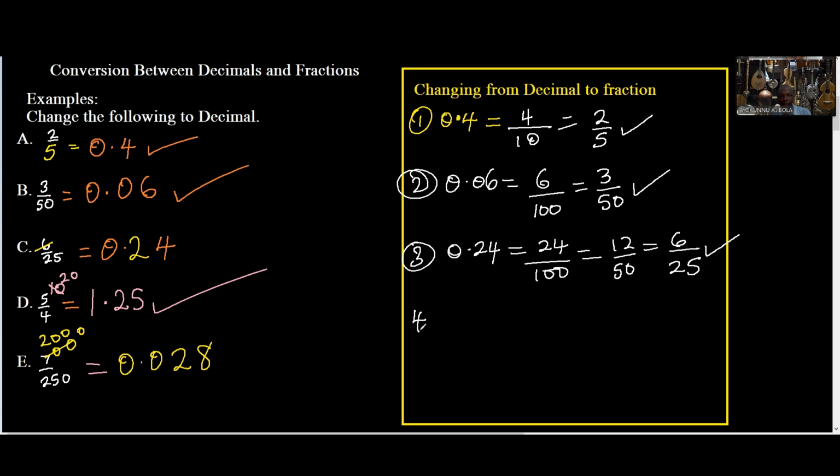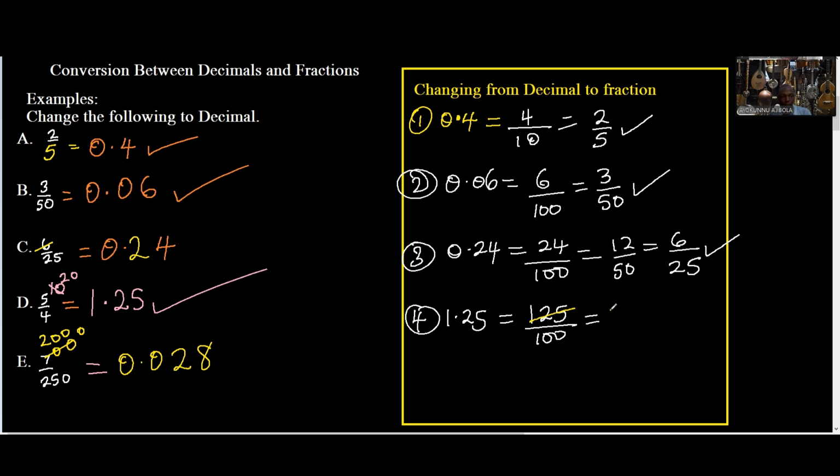Yes. Then number 4, we have 1.25. We will not introduce a point again. That will be 125, still divided by 100 because it's just two digits after the decimal. So we will now try to reduce this to whatever we can. We can use 5 to divide them. How many 5 in 125?